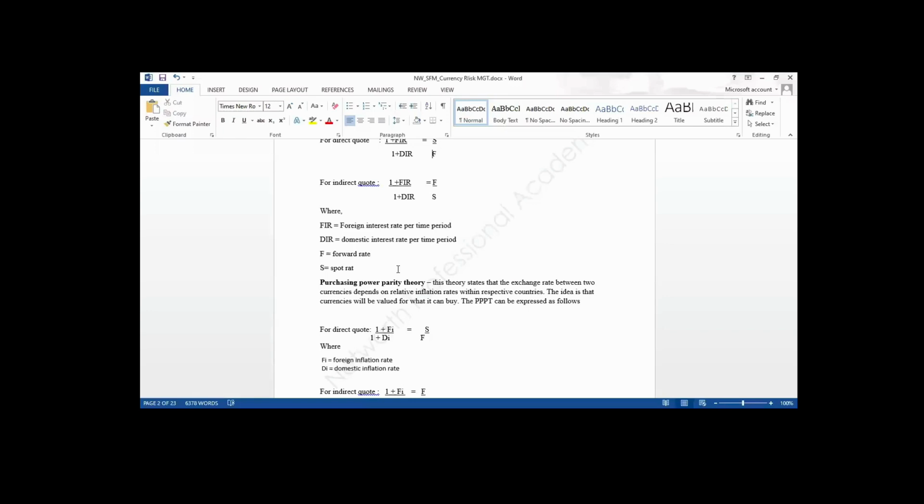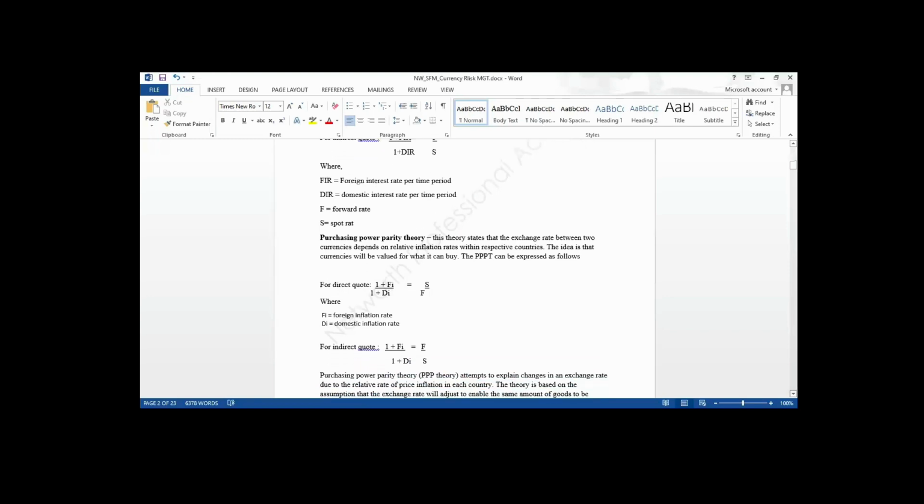What this means is that differential inflation rates are the reason for differences in two country exchange rates. A country with higher inflation rates will have its currency depreciating faster compared to a country with lower inflation rates.